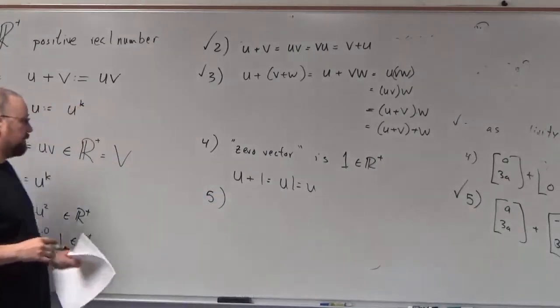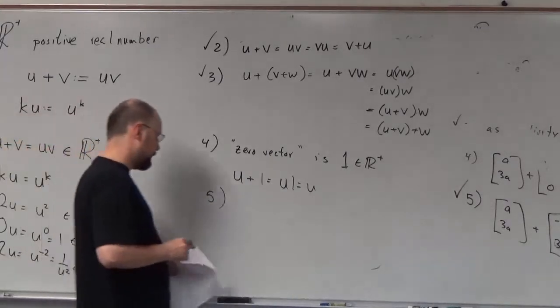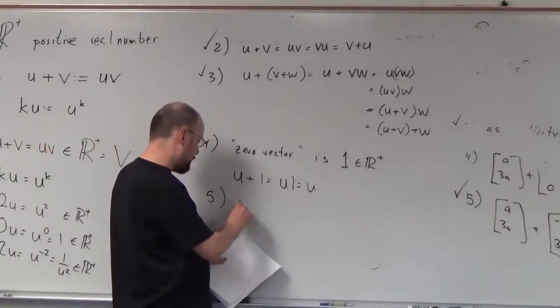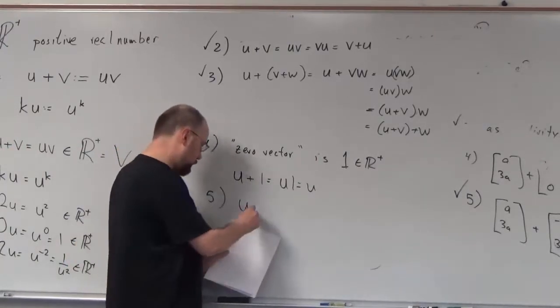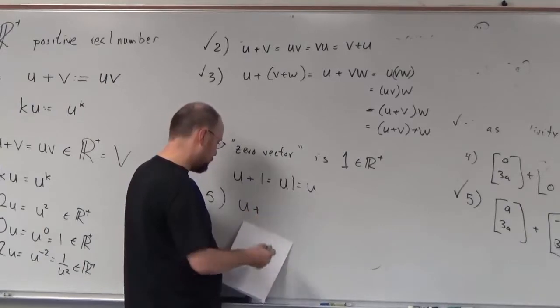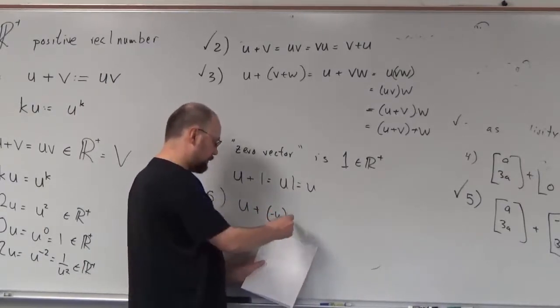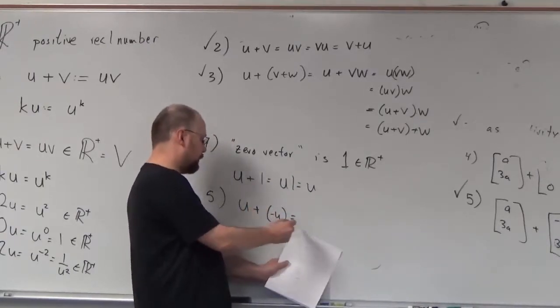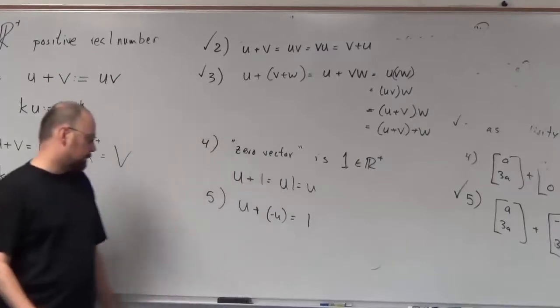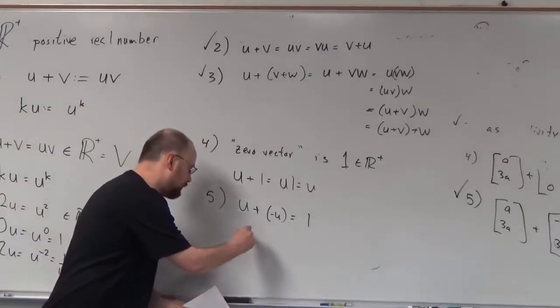And do we have additive inverses? What we want to show is that if you take any element in the positive numbers and add it to its negative, as the notation goes, that should give us the additive identity, which we define to be 1. And this addition is really the multiplication of those two.